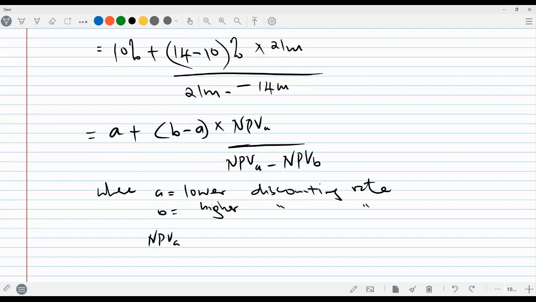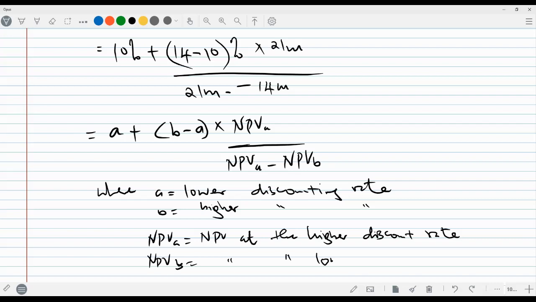NPV A is the NPV at the lower discount rate, and NPV B is the NPV at the higher discount rate. And that's the IRR formula.